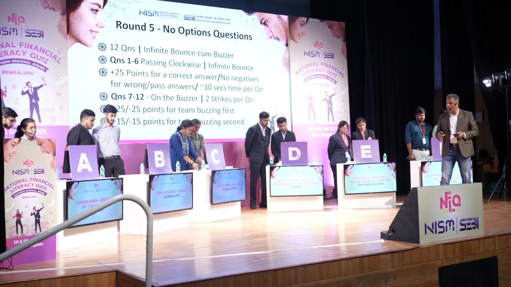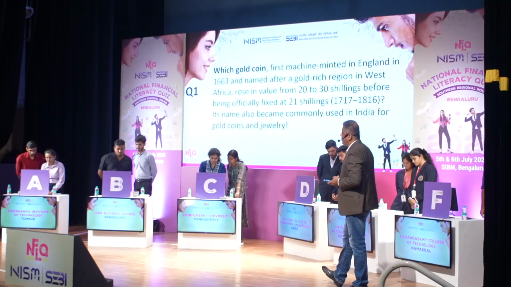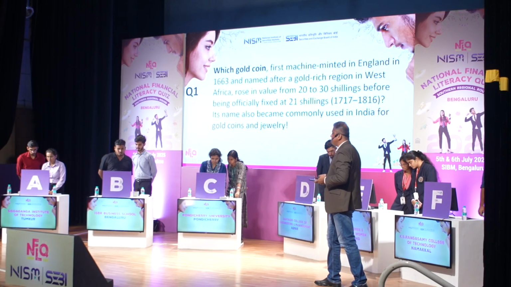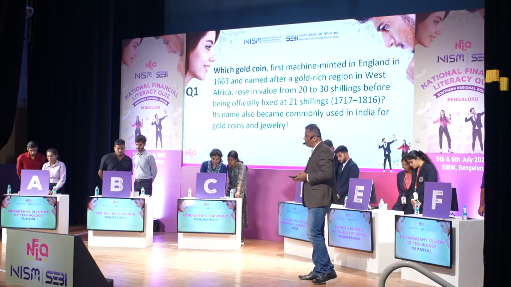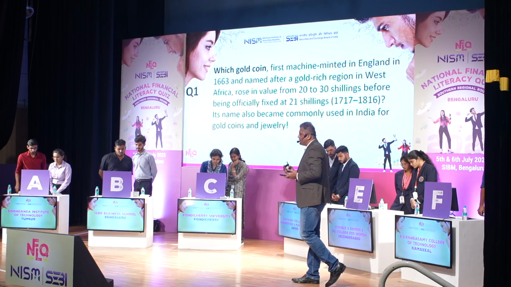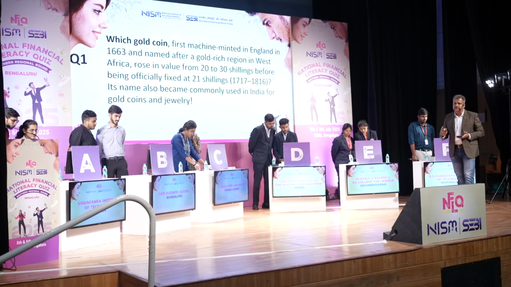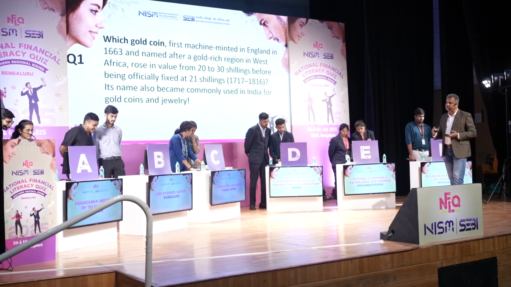Here is question number 1 for 25 points on screen. Which gold coin, first machine minted in England in 1663 and named after a gold-rich region in West Africa, rose in value from 20 to 30 shillings before it was officially fixed at 21 shillings.